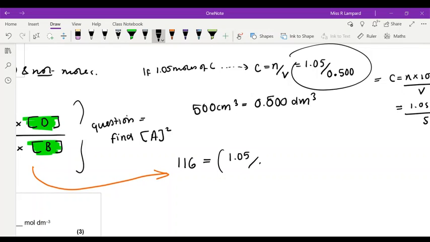So 1.05 divided by 0.5, and that's to the power of 3, multiplied by D. Again, we're going to calculate the concentration of B, so we've got 0.076 moles divided by 0.5.